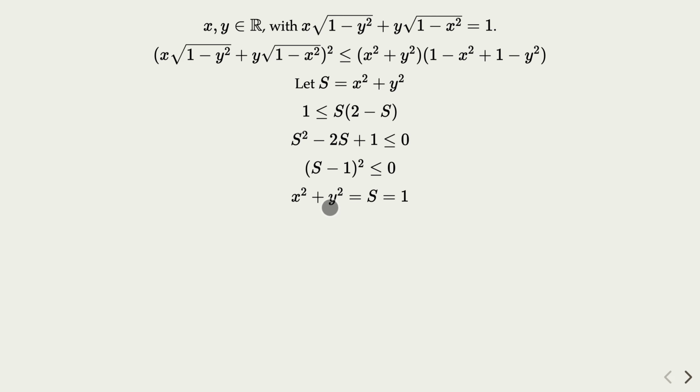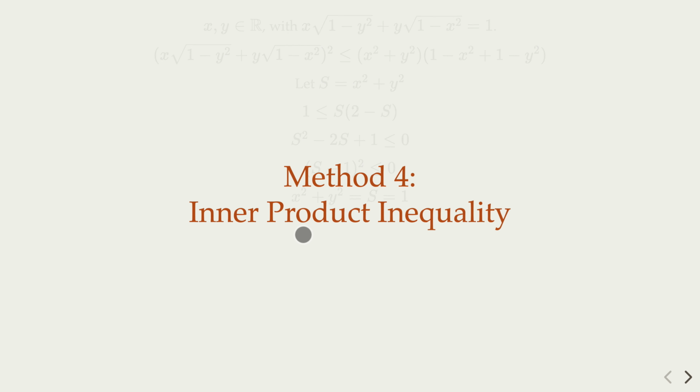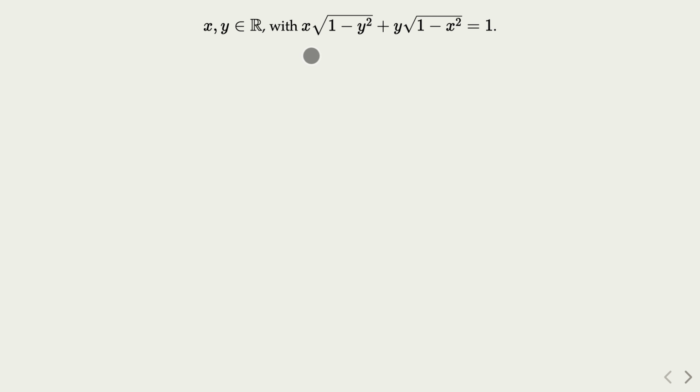Okay, that's good. So let's move on to method number 4. Here we're going to use what is called the inner product inequality. Of course, other people will argue this is identical to the Cauchy-Schwarz inequality. Method number 3 and method number 4 are pretty much the same, so I'm not going to cover the detail here.